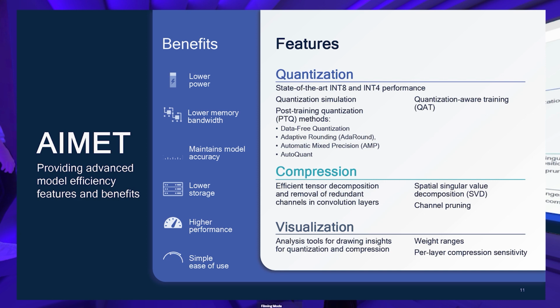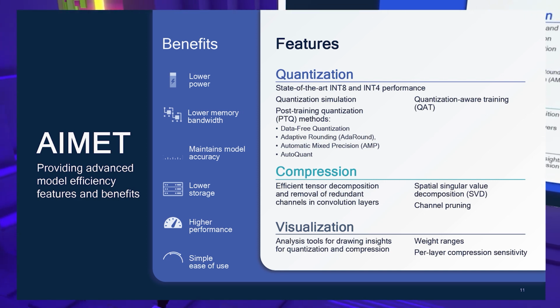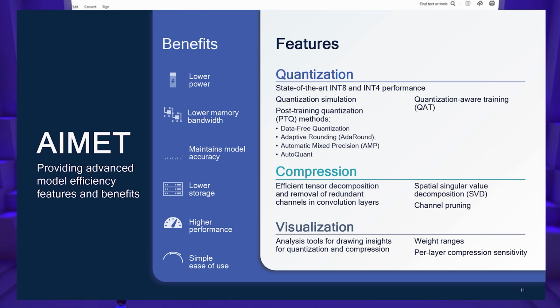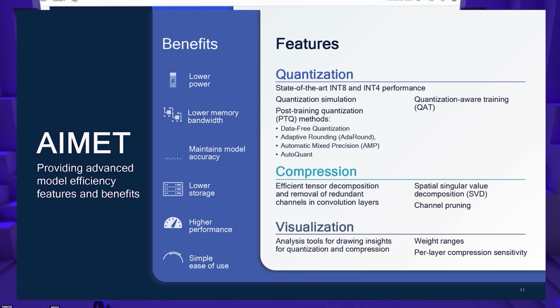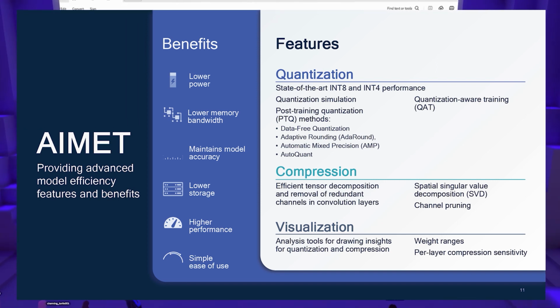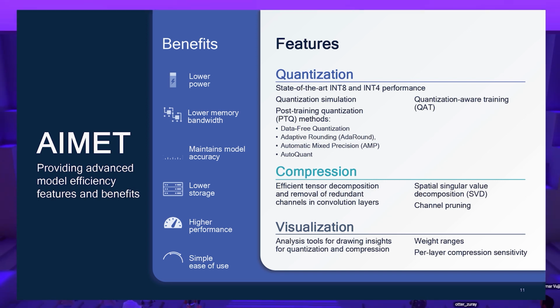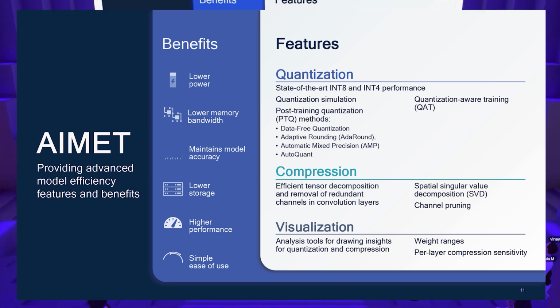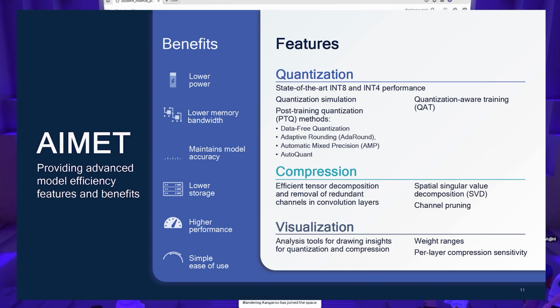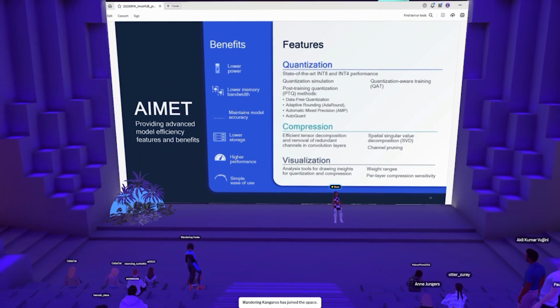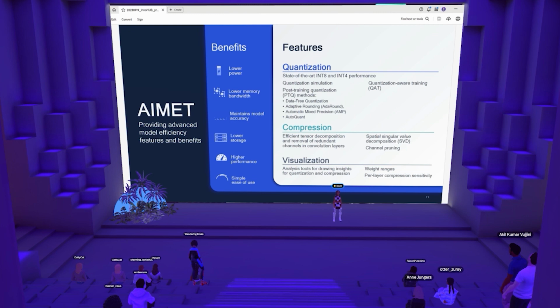So you could train the model during quantization. There's something called quantization aware training, which you could do, and still continue to improve model performance. And overall, it's developed by software developers, so they made sure that this toolkit is easier to use.